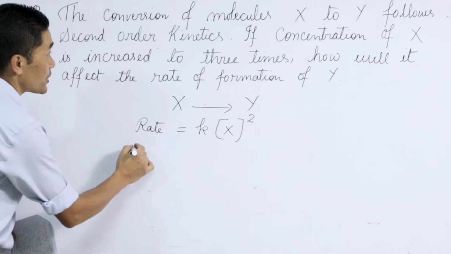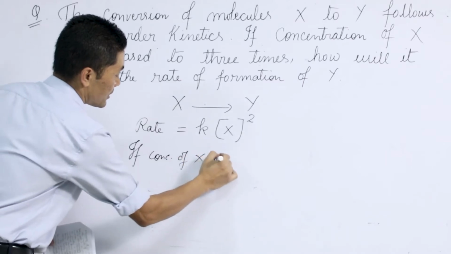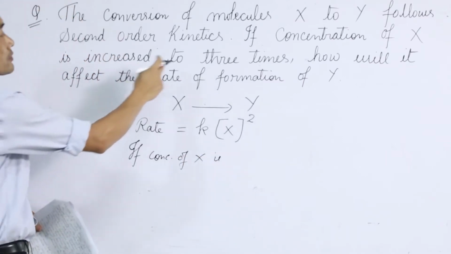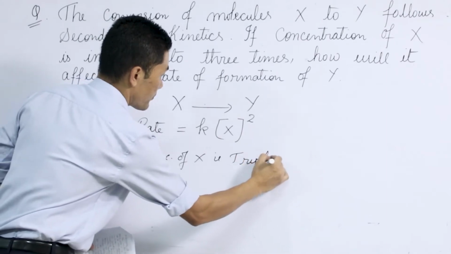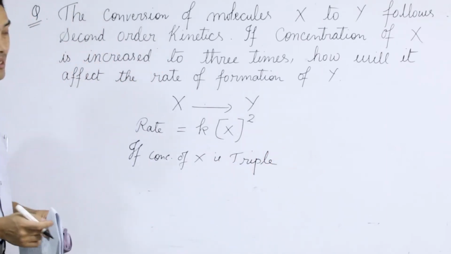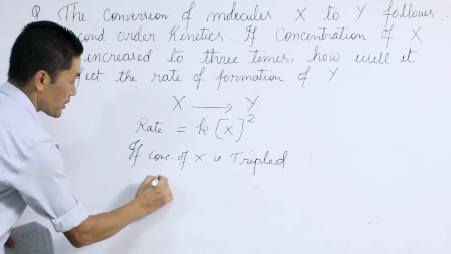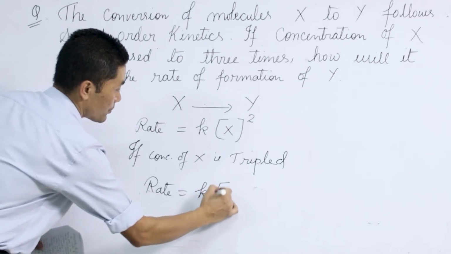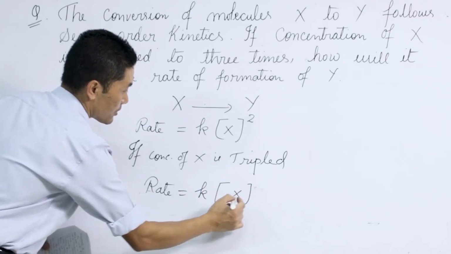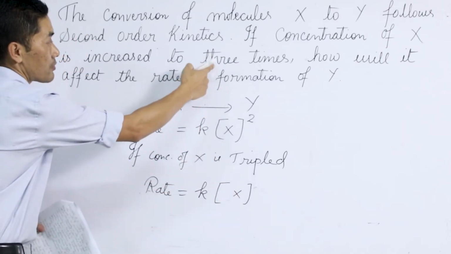Now if concentration of X is increased by 3 times, that means tripled, then what happens to the rate? Rate will be equal to K into X. The concentration of X is tripled, increased 3 times.